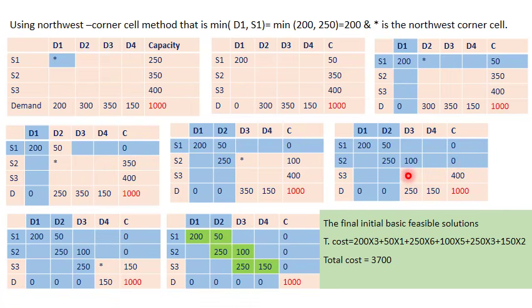The next northwest corner is this point, and the corresponding values are 400 and 250. We move 250 here, and we subtract 250 from 400, and we get 150. We finished this third column.